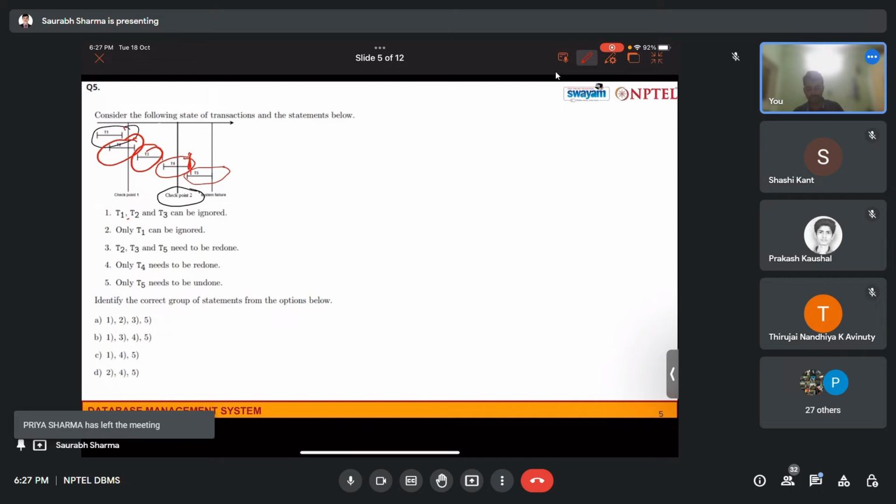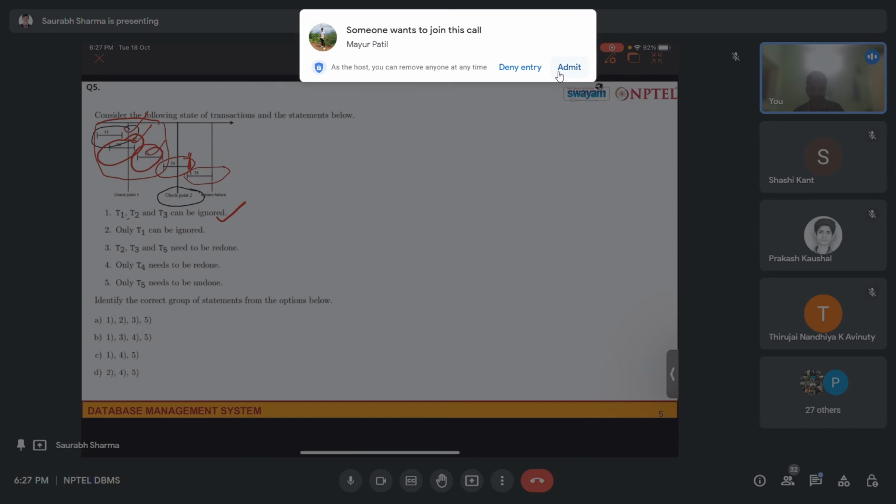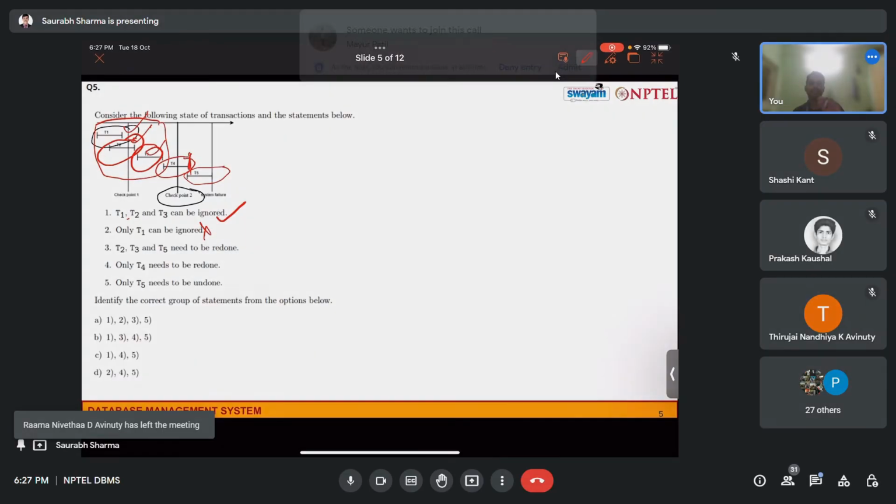Yes, all three were completed, so this is the right one. Then only T1 can be ignored? No. Then T2, T3, T5 need to be redone? Why?